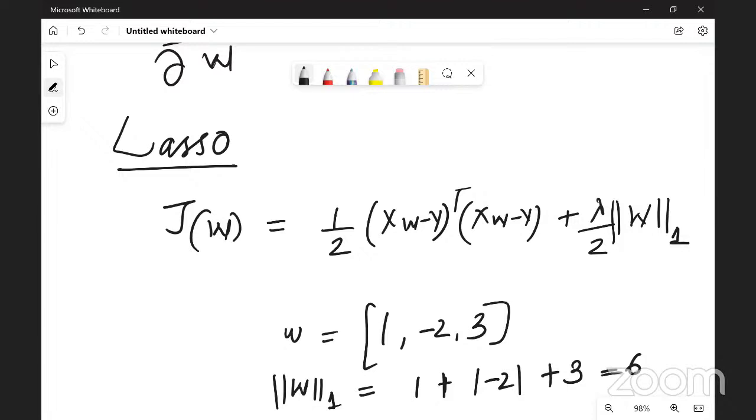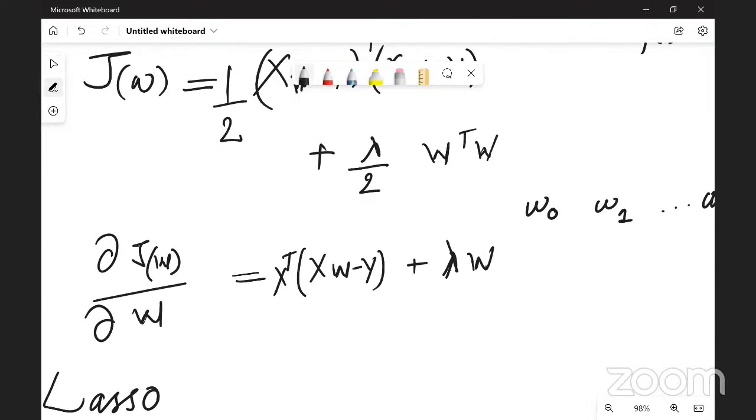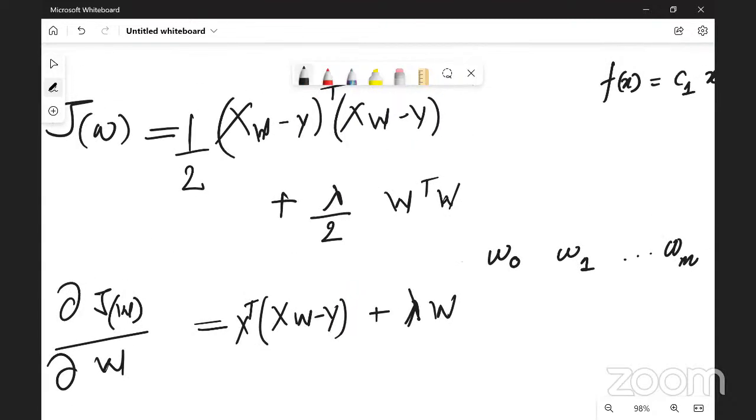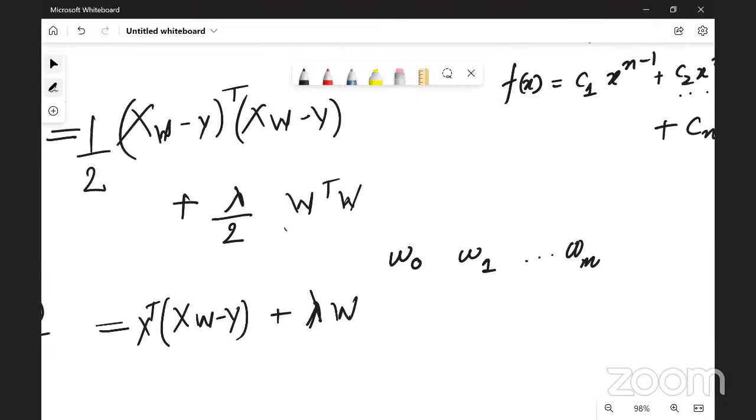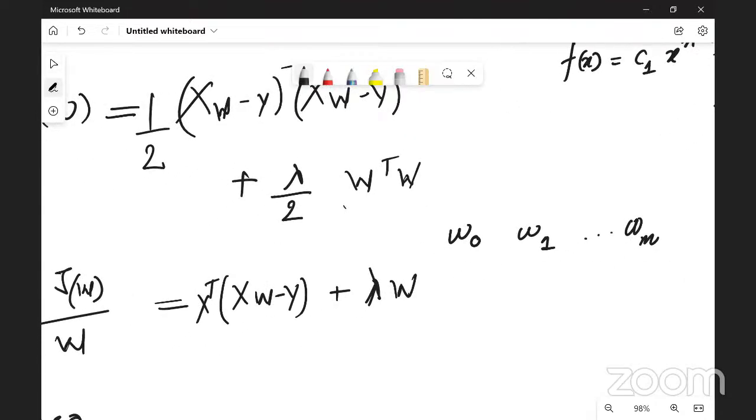Sir, in ridge regression, you write lambda by 2 W transpose W, but W transpose W is a square. Actually, that will be the square of the second norm, sir, not the second norm. You're right, the square of the W second norm.